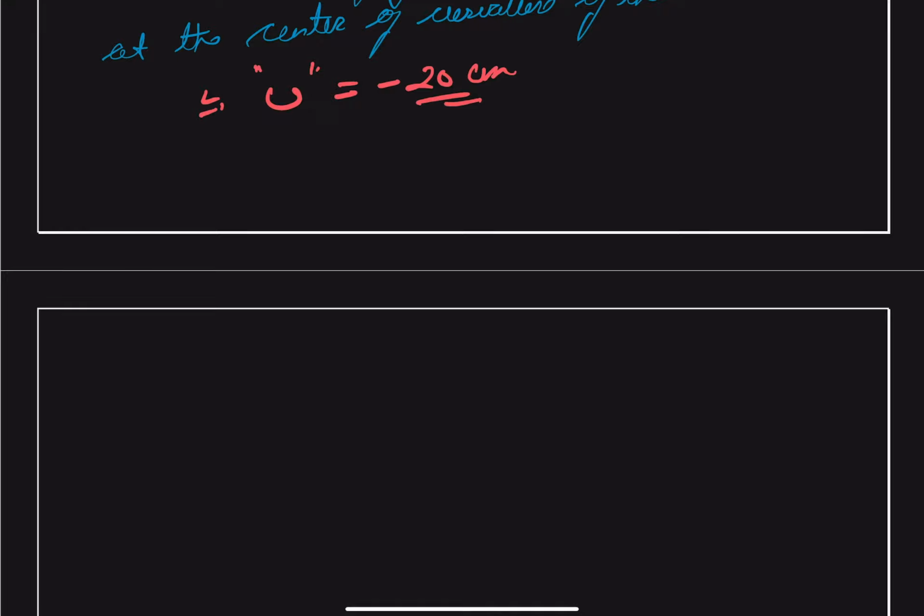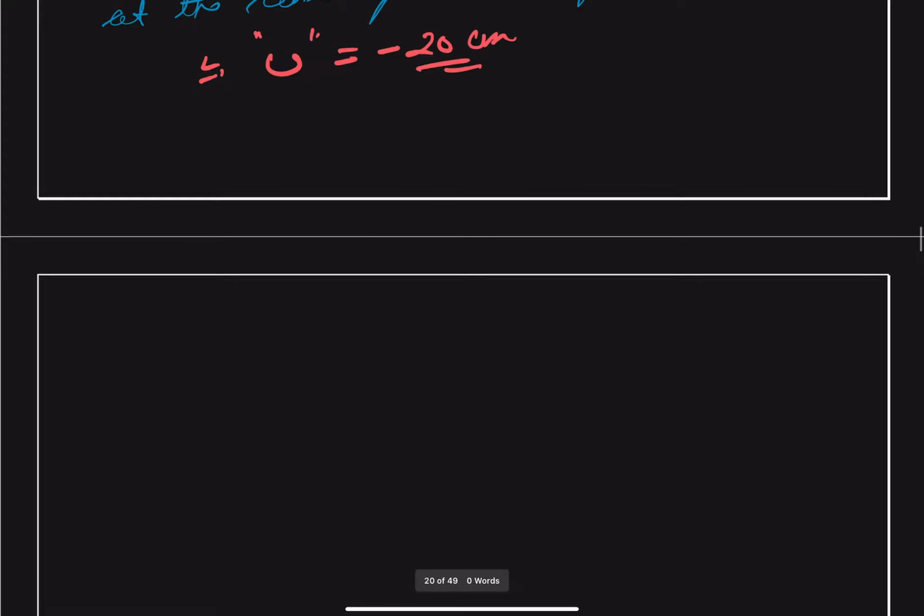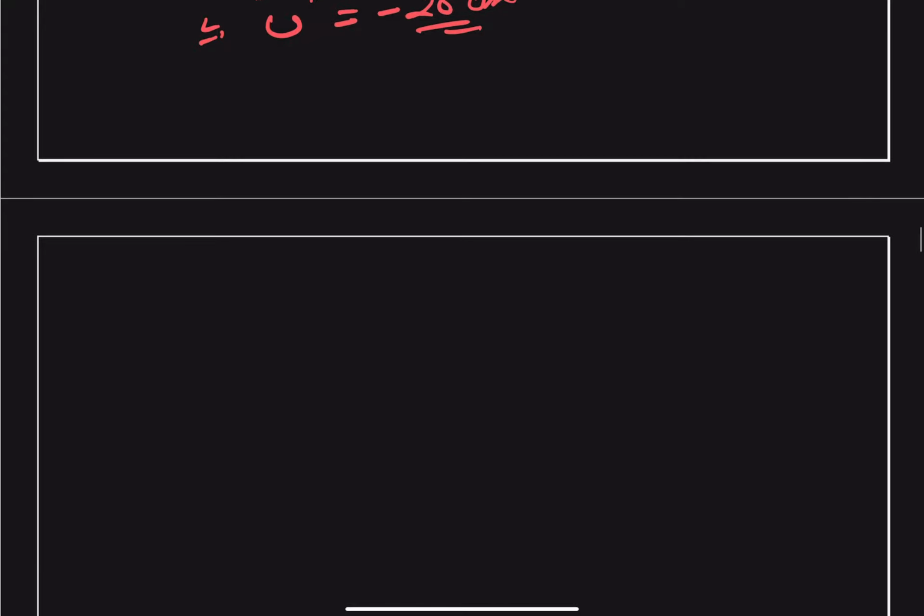Once again we are going to use the lens maker formula, and we can write it as 1 upon V minus 1 upon U is equal to 1 upon focal length, that is F_L, for the lens. And we just found out our V, that is minus 20, and this is 1 upon minus X is equal to 1 upon 60.